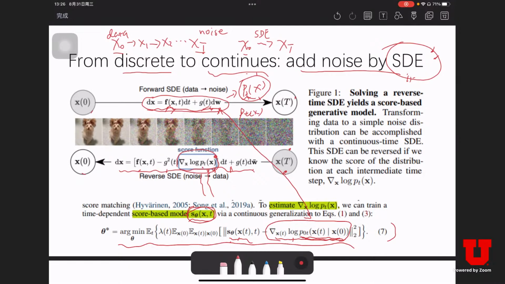However, if your f and g follow a very simple form, you can get a closed form for p(xt given x0). But if you can get the closed form of p(xt given x0), why don't you just apply it to the reverse SDE?